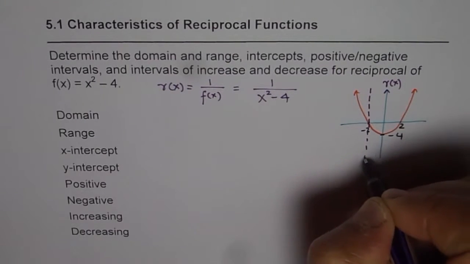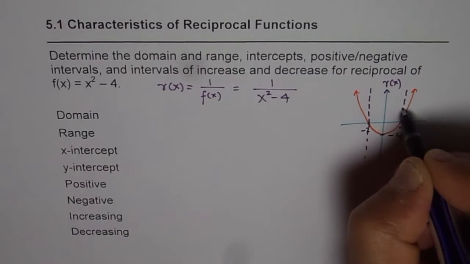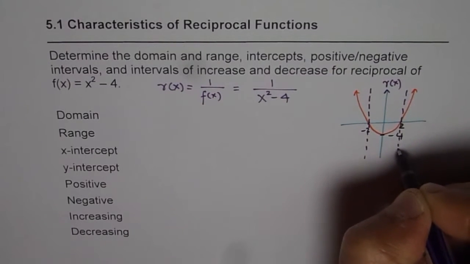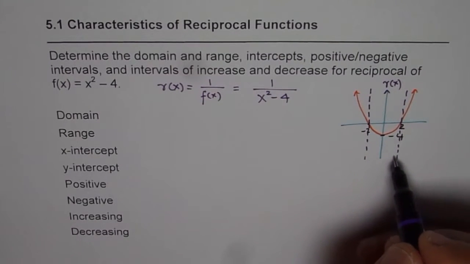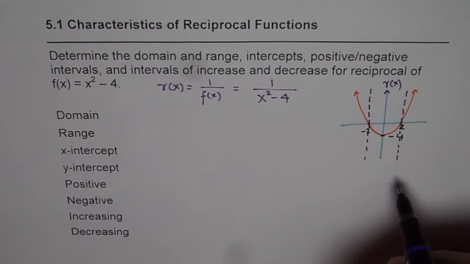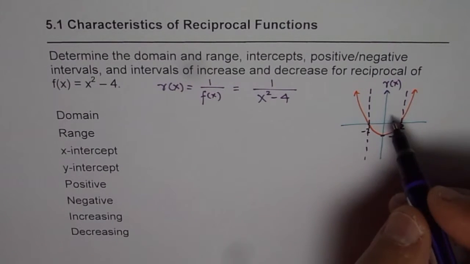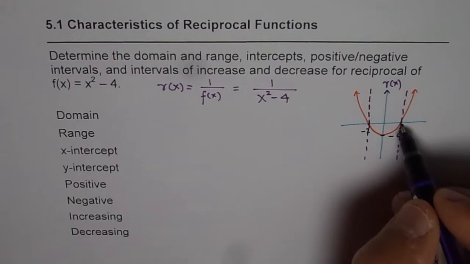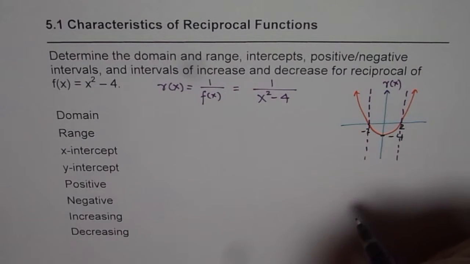So this is not in the domain of the reciprocal function. So we'll get vertical asymptotes at the x-intercepts of the function. Important to understand, right? That's the first thing. Whenever you are sketching a reciprocal function, start with the x-intercepts, convert them to vertical asymptotes.